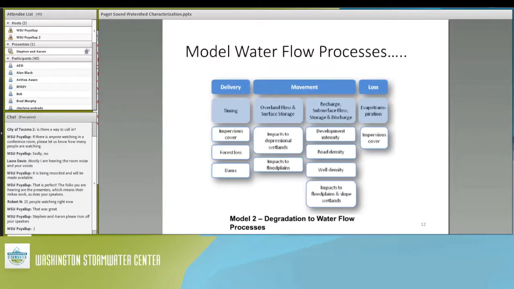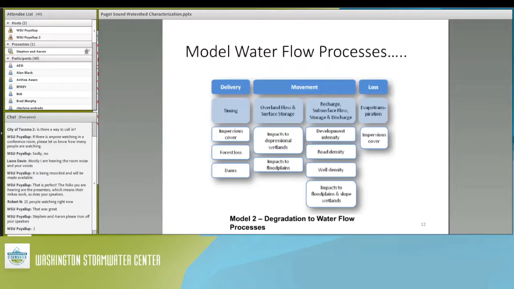We then look at model two, which examines how those processes have been degraded. So again, going to the literature and looking at research that's been done that demonstrates that certain indicators have significant impacts upon the timing, for example, timing and delivery of water. So impervious cover, as we all know, there's a lot of information that shows how that changes the timing of water and the amount of water that reaches our stream and wetland systems.